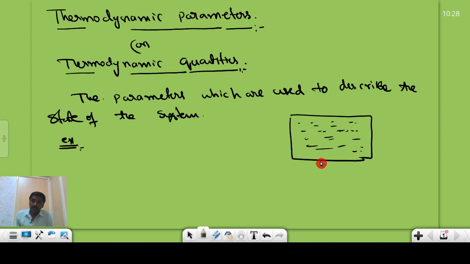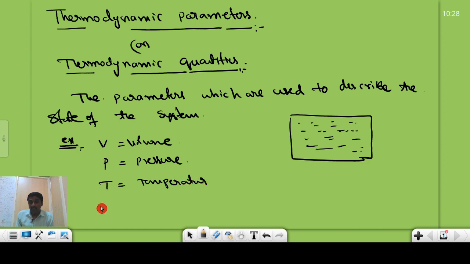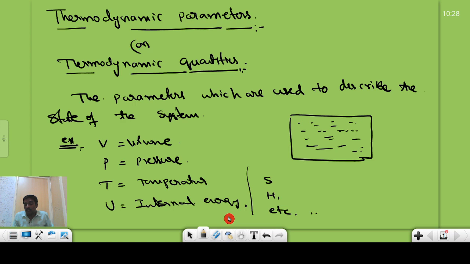To explain the state of the system, we need volume, pressure, absolute temperature, internal energy, entropy, enthalpy. Like this we need several parameters. These are called thermodynamic parameters or thermodynamic quantities.